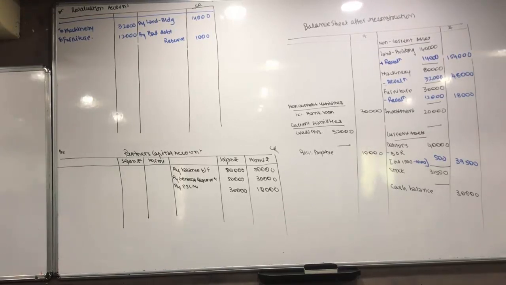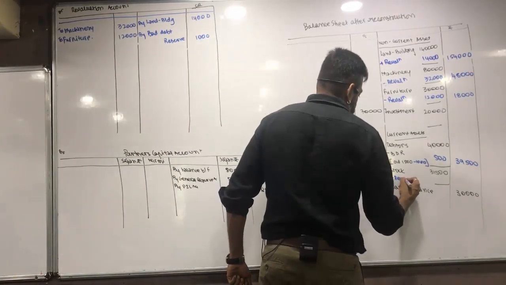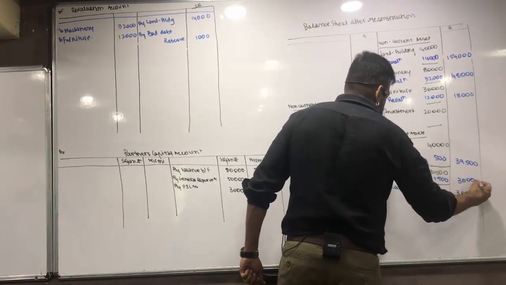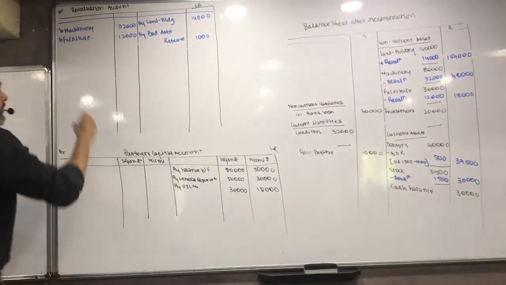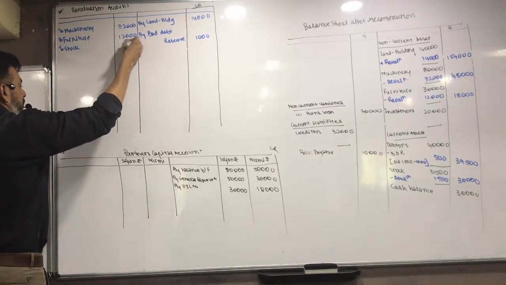If we increase, it is revaluation to bad debt reserve, so if we decrease, it is bad debt reserve to revaluation. Did everyone understand? OK. Then 1,500 repairing expense required for the stock, so minus revaluation 1,500, so 30,000. Second effect, to stock 1,500.